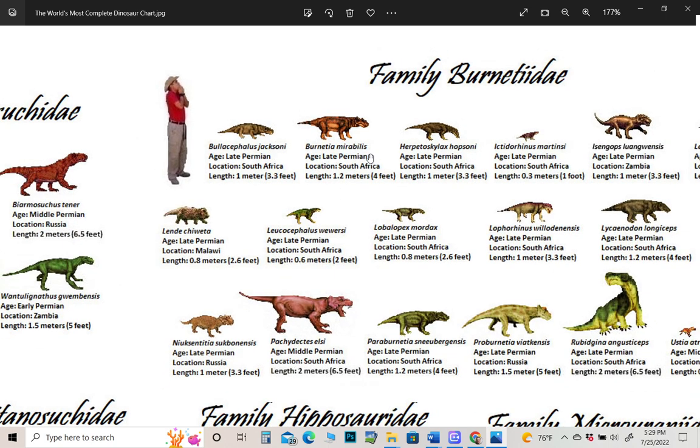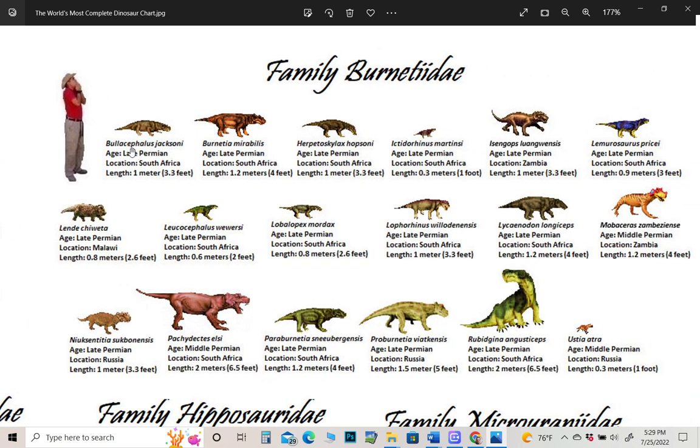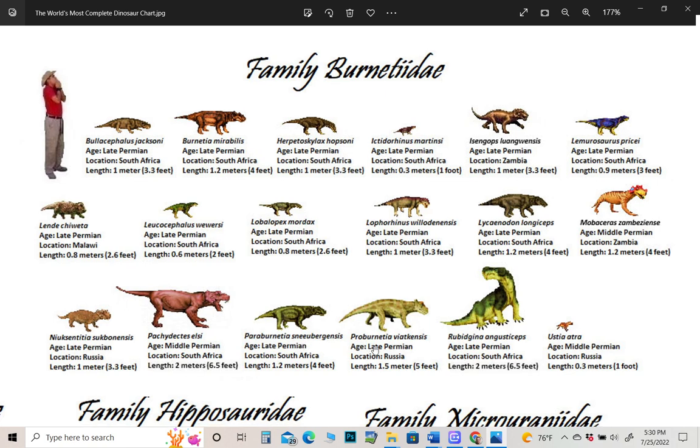The Burnettids: Bolocephalus, Burnetia, Herpetoskylax, Ictidorhinus, Isongops, Lemurosaurus, Lende, Leucocephalus, Lobalopex, Lophorhinus, Lycanodon, Mobaceras, Nioxentitia, Pachydectes, Paraburnettia, Proburnettia, Rubidgea, reading too fast here, Ustia.